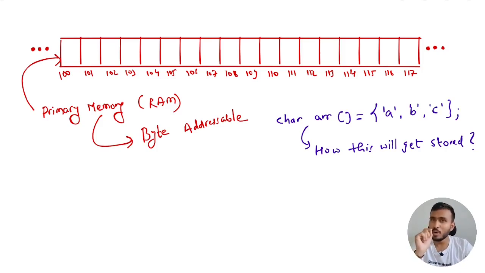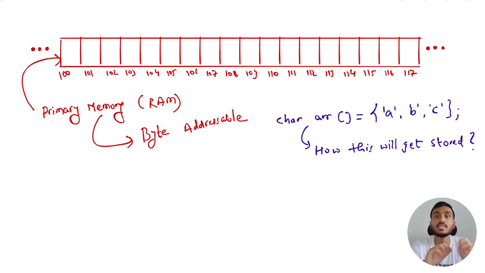Now let's get into more details of the primary memory and discuss how it actually allocates memory to our variables or to our arrays. This primary memory is actually a long array of bytes. This is very important. Primary memory is nothing but a long array of bytes, and that's why we also call it byte addressable memory.